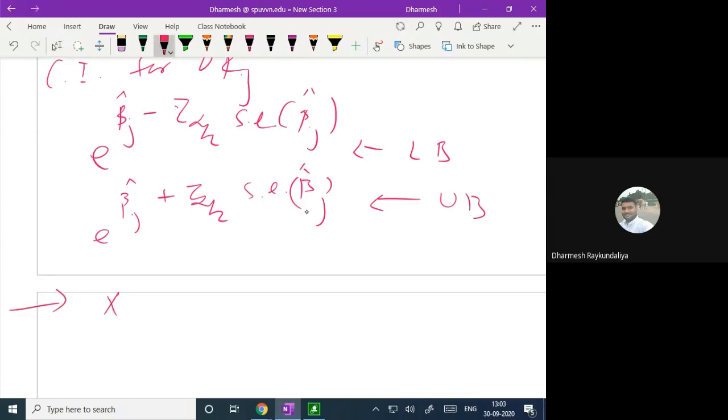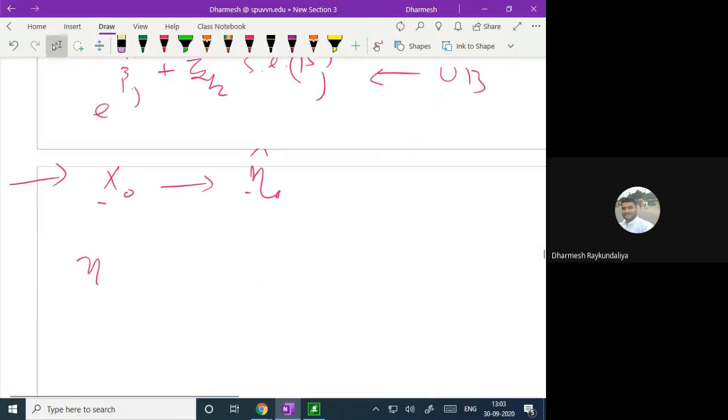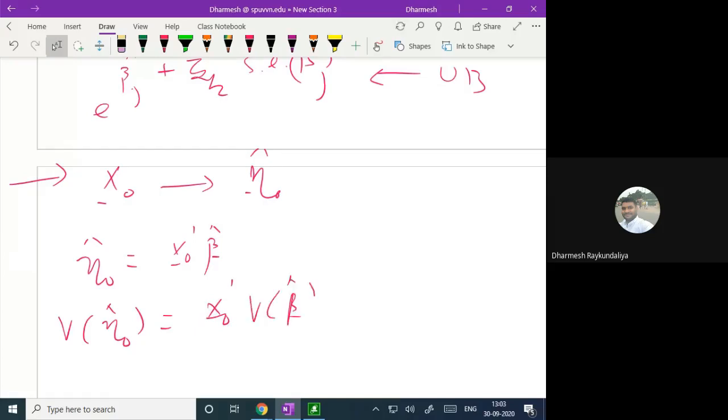Suppose given a value of x0, you wish to predict the confidence interval for eta 0. So what is eta 0 cap? Eta 0 cap is nothing but x0 dash times beta cap. So the variance of eta 0 cap is x0 dash variance of beta cap times x0, that is x0 dash X dash W X inverse x0.